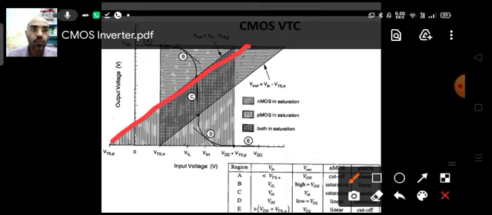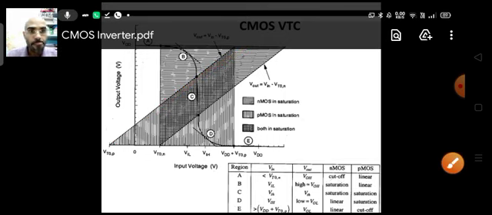The reason is the same as what we saw for NMOS, exactly opposite for the PMOS. So the things will be exactly the same. Below this line the PMOS will work in saturation, and above this line it will work in the linear region.